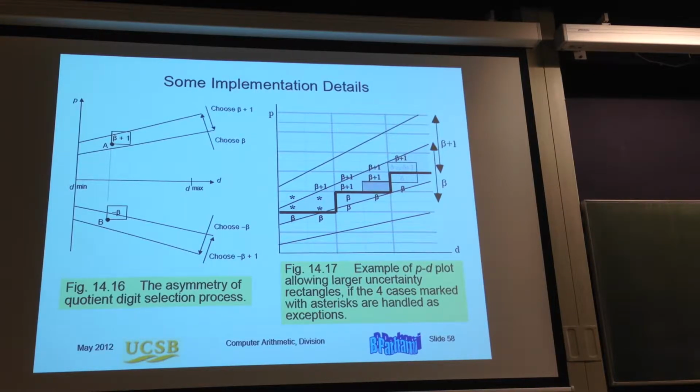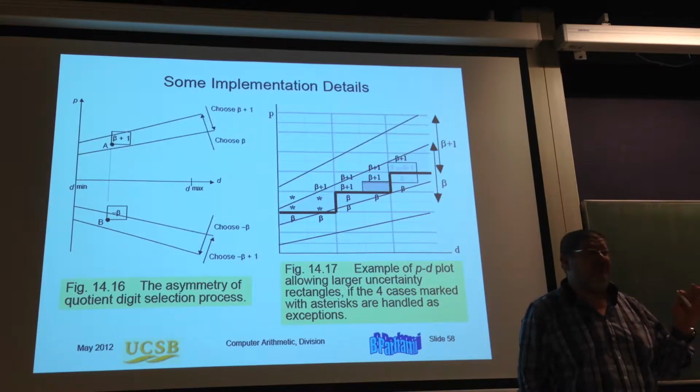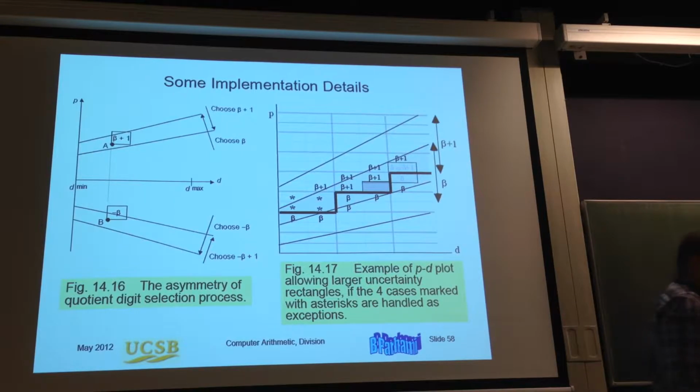Now there are some other tricks and warnings. The first one is about the non-symmetry of the selection. Because you do business in 2's complement, symmetric points do not get the same value, so you might expect that because B is symmetric with A, you would have here minus B minus 1.